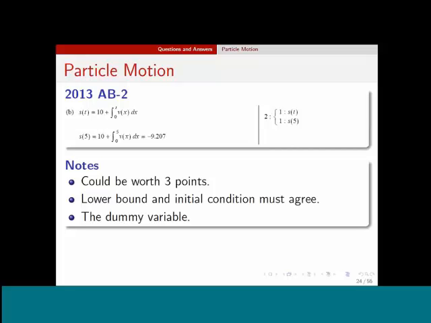In past exams, looking at the bottom here, sometimes a question like this is worth 3 points. Sometimes we would give them some information and ask for the position of the particle at time t equals 5.